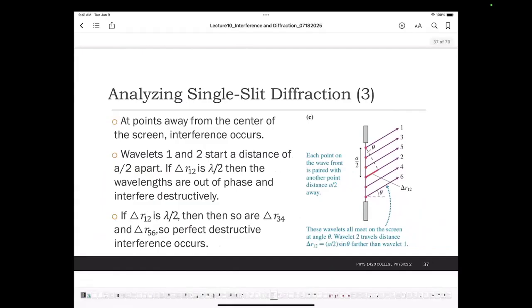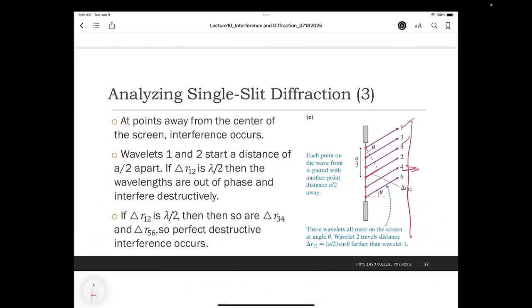Okay. At a point away from the center of the screen, for example, this is the center of the screen, and this is away from the center, interference occurs. You can see wavelets 1 and 2, for example, start a distance lambda divided by 2 apart.